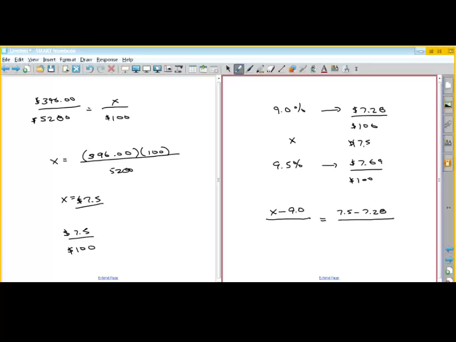So I'm going here to here, here to there. Then I'm going to compare here to here and here to here. So you get 9.5 minus 9.0 and 7.69 to 7.28. So this is the ratio of the total distance between the two numbers, and this is the distance to this intermediate point.